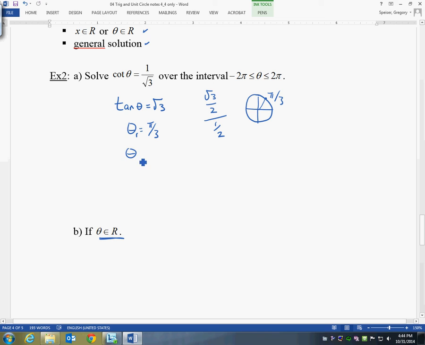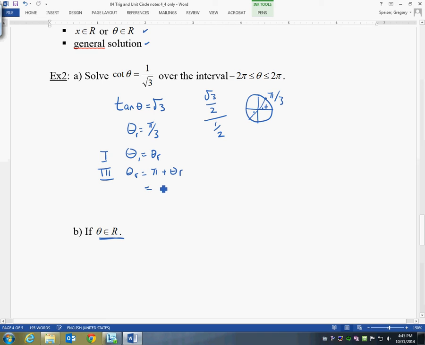It also happens to be my first answer because this is positive, and tan is positive in the first and in the third. So if it's positive in the first and the third, this reference angle here and here, my second one will be equal to pi plus my reference, because this is in quadrant 1 and this is in quadrant 3.